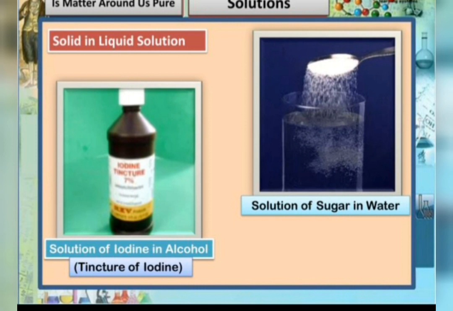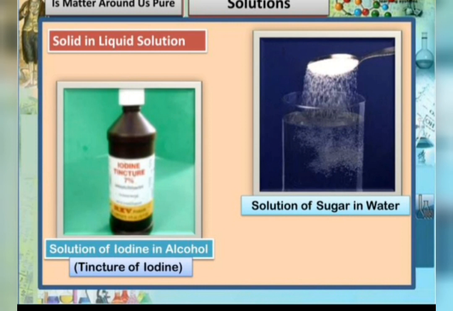In fact, solutions can be made by dissolving solids in solids, solids in liquids, liquids in liquids, and gases in liquids. In fact, by dissolving a gas in a gas, we can have a solution. As long as the mixture is homogeneous, the term solution is applied.